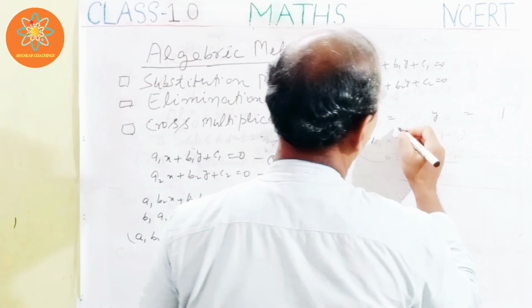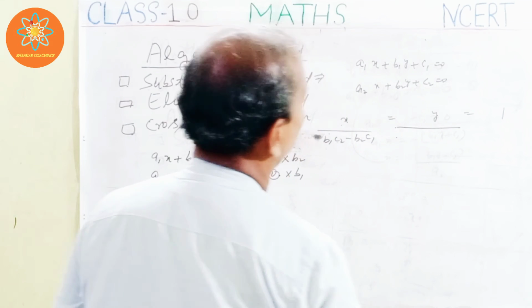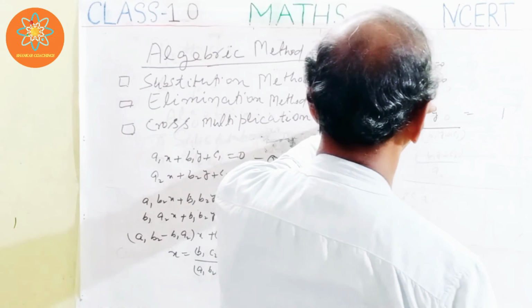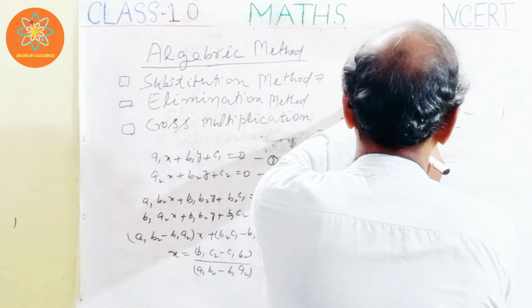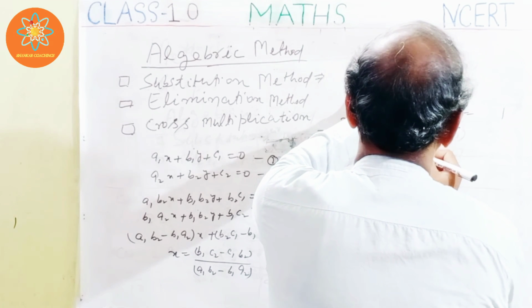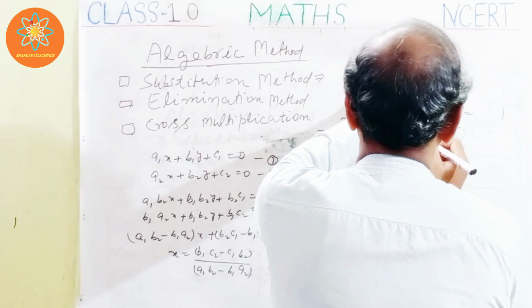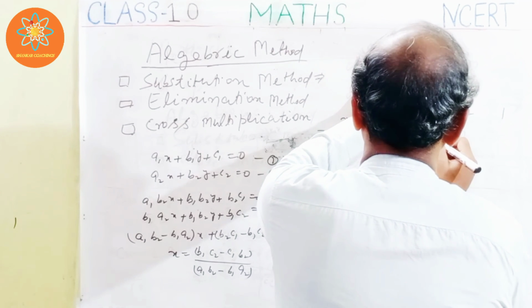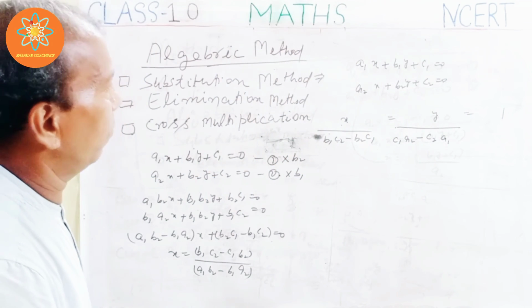Then y upon: cross multiplication will be c1 a2 minus c2 a1.